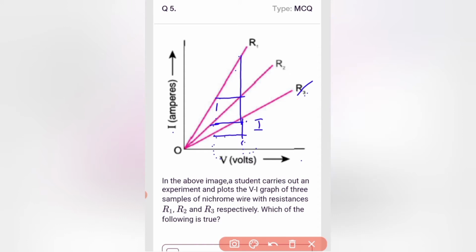So I1 is less, and here I2. When we take this slope, delta I of this is going to be lesser than delta I2, and this current is delta I3.